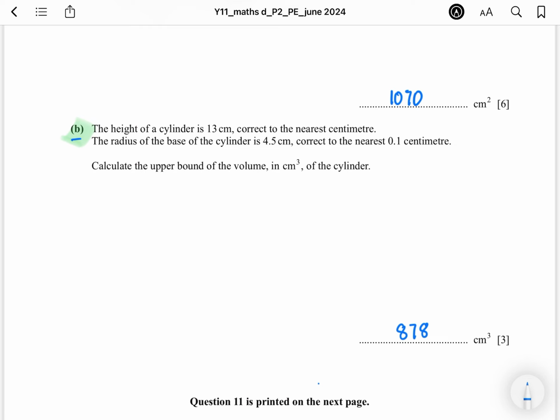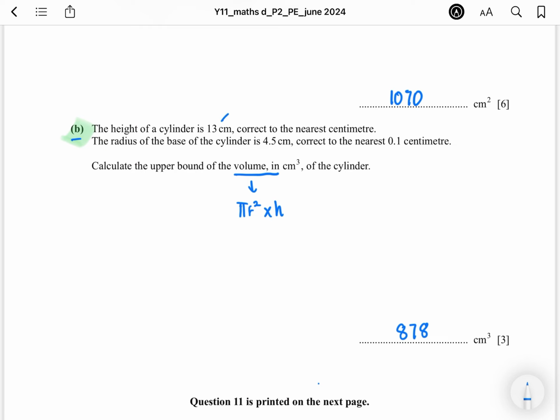So what is given here? The volume of a cylinder requires you to multiply the area of the base, which is a circle, by the height. Since we're doing all multiplication here, all the values need to be upper bound.